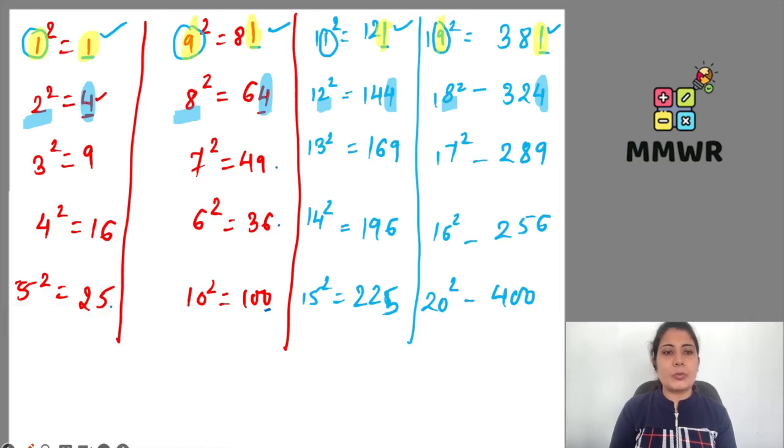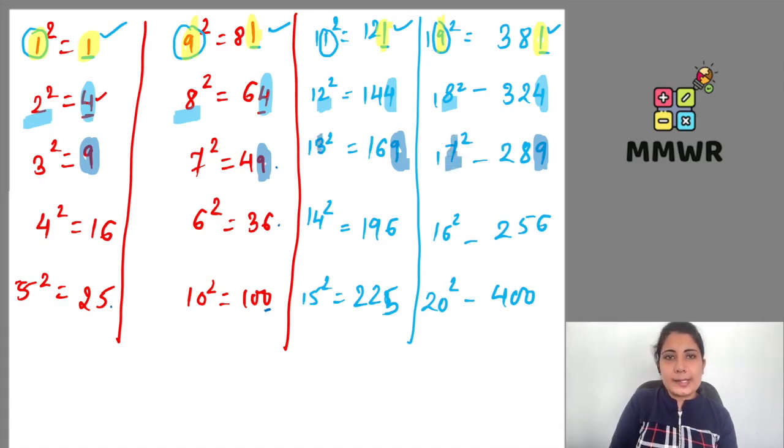Let's look at some more numbers. So here we are getting 9, here also we have 9, 9, 9 at the unit place. Why are we getting this? Because here we have 7 at the unit place, 3 at the unit place, 7, 3.